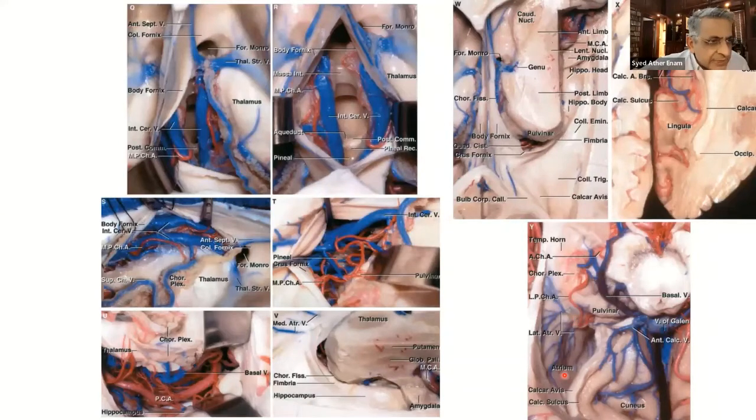And this calcar avis helps you orient. Over here, for some reason, you don't see a lot of distance, but there's a little more thickness from the calcarine sulcus. The pulvinar is also something you want to keep in mind, how it's curving around and projecting back to you, because when you're resecting a tumor, you are right next to it.